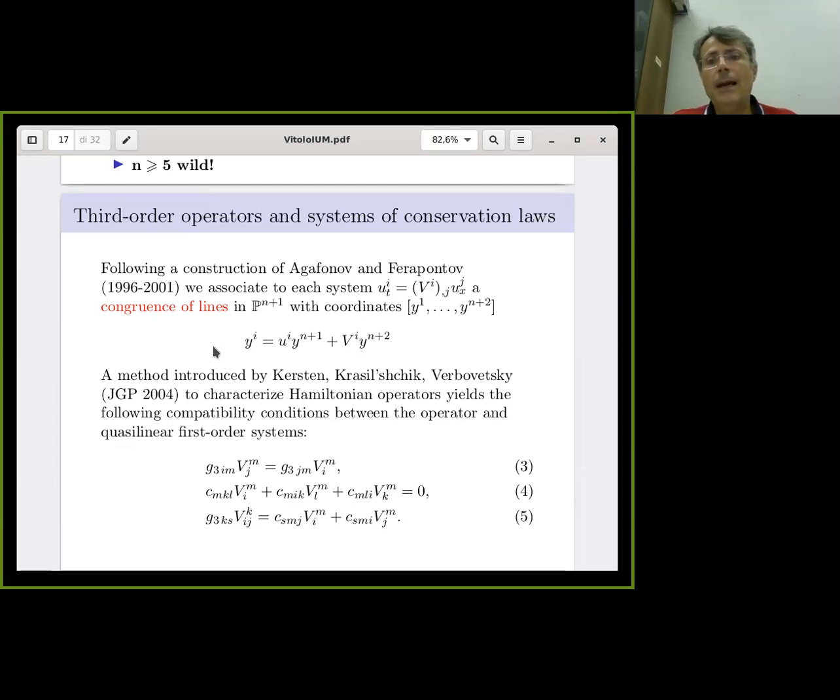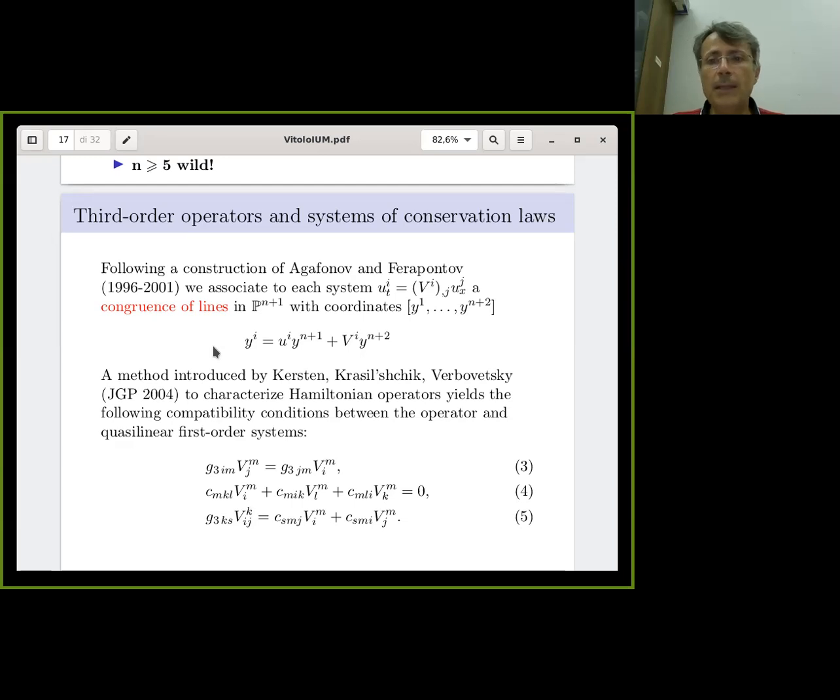Okay, there is a method introduced by Kersten, Krasil'shchik, and Verbovetsky in 2004. This method allows to characterize which operator could be the Hamiltonian operator of a certain system of PDEs. And this method is very general. Here, in this circumstance, we applied it to the very restricted case of third-order operator, homogeneous, in canonical form, and a system of conservation laws.